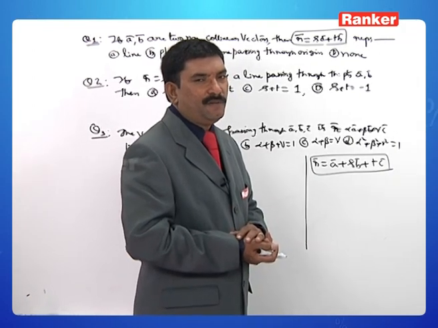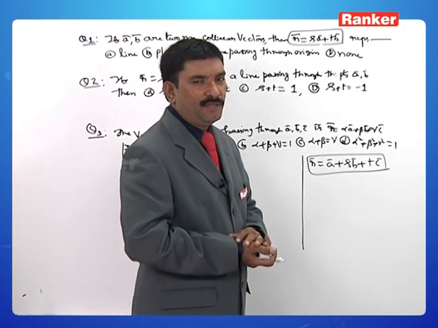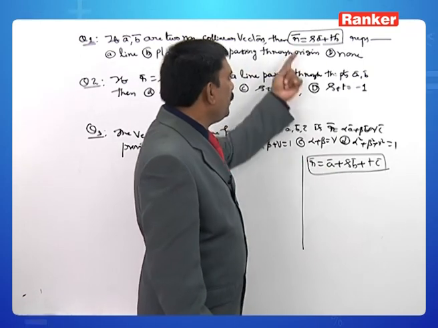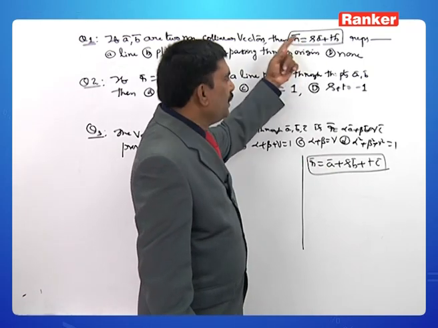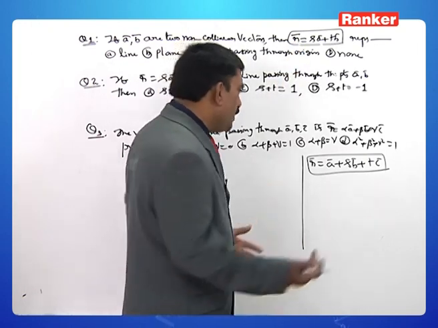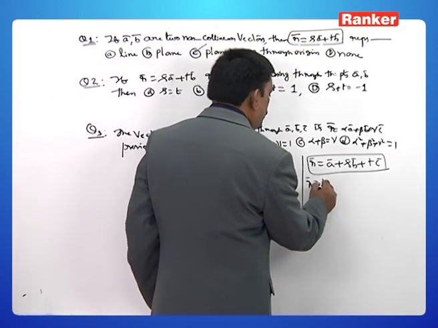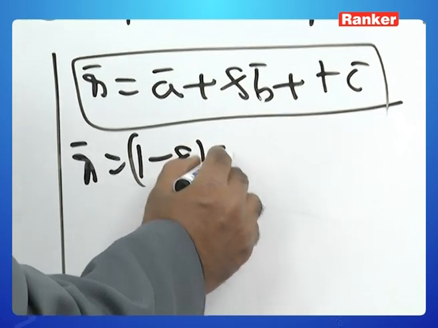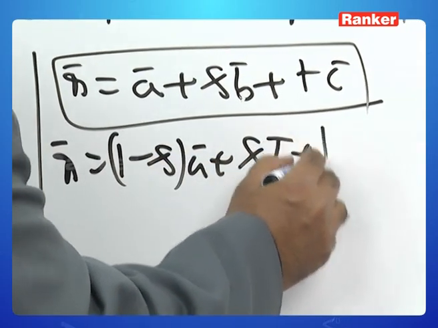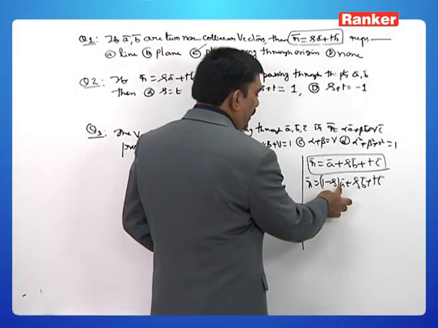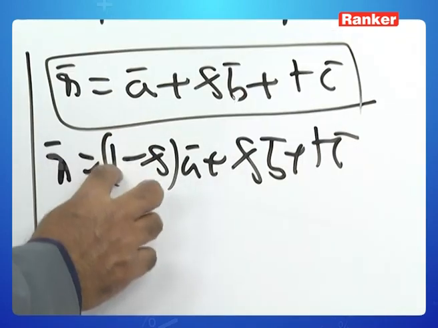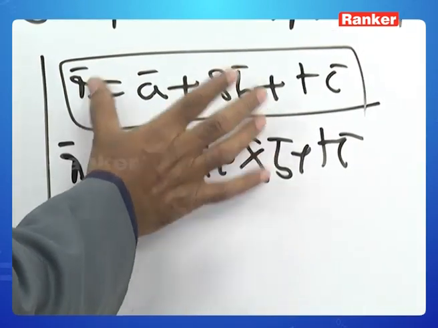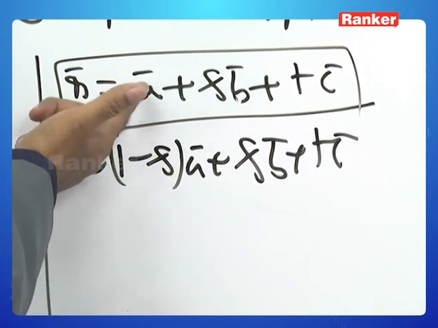For a plane, three vectors must be needed. So in place of a bar, you have the origin. You can take this one also: r bar is equal to (1 minus s) a bar plus s b bar plus t c bar. In place of a bar, the origin goes into this. Now this plane becomes this plane, here also origin, here also origin.